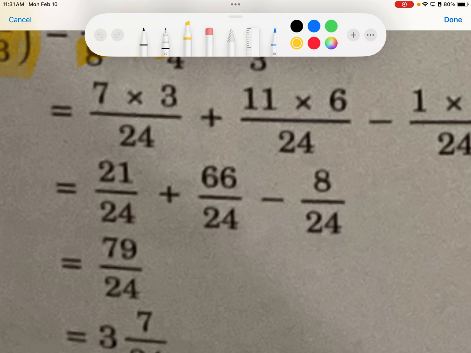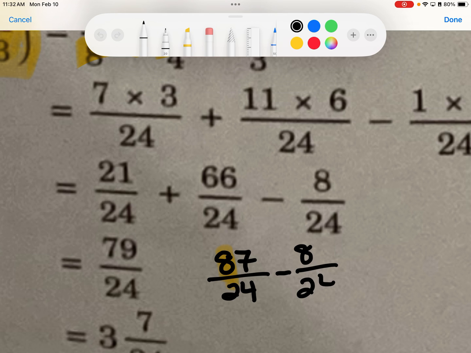All right, so now we have all these 24s. So with PEMDAS, we're going to do from left to right. So we can do 66 plus 21, which is 87, over 24 minus 8 over 24.